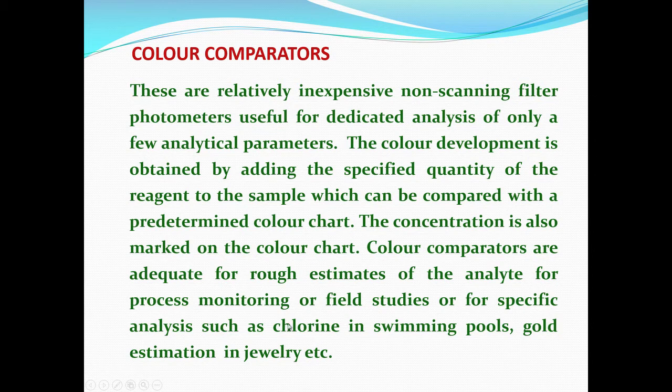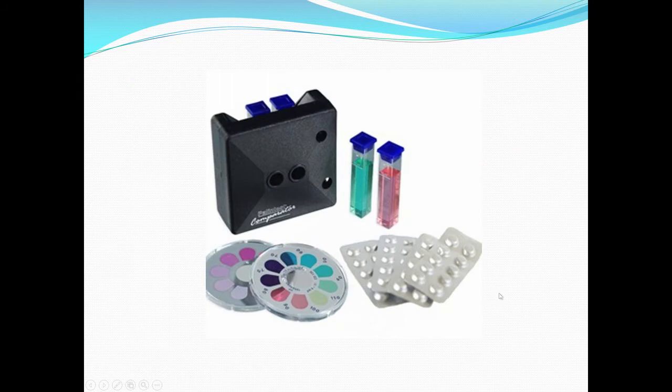For example, in a swimming pool, somebody wants to determine how much residual chlorine there is, or somebody wants to determine how much gold is in a jewelry. All these things are very important, but you do not need a very accurate analysis. For such purposes color comparators are useful.